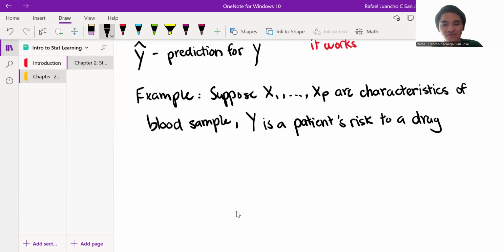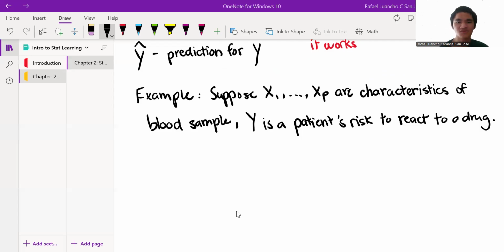How do I write that? Y is to react to a drug. So what's the likelihood of this patient reacting to a drug? Will it cause them, I don't know, chicken pox or something? Or lipoma? I don't know what I'm saying. To some particular drug that we don't know. So it's more like how we contextualize these things, right?